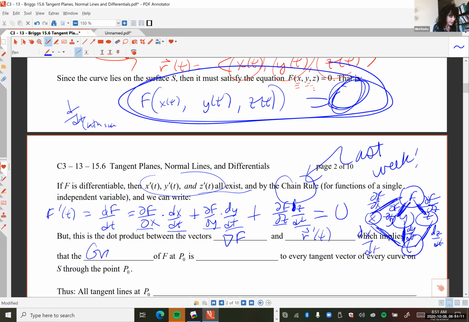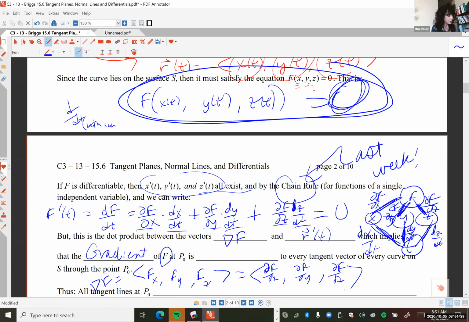So this implies that the gradient of big F, which basically looks like fx, fy, fz, or if you use other notation, del F, is df dx, df dy, df dz, and then the tangent vector to the curve, which is r prime.